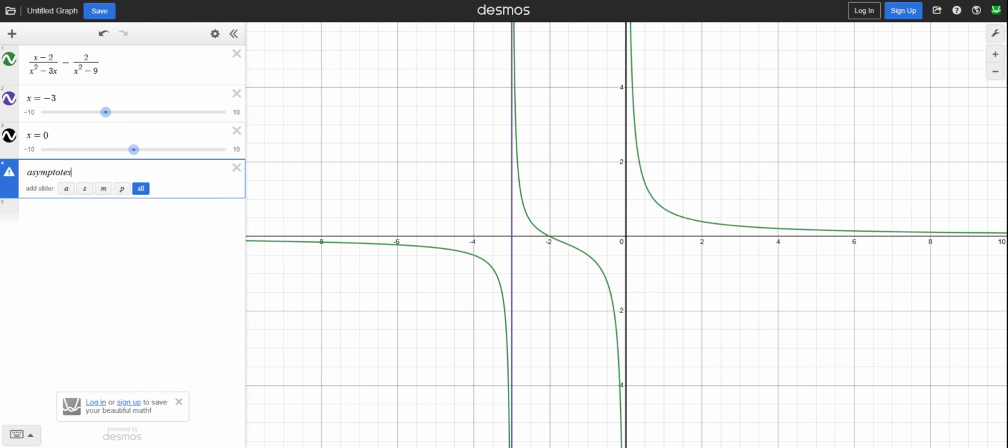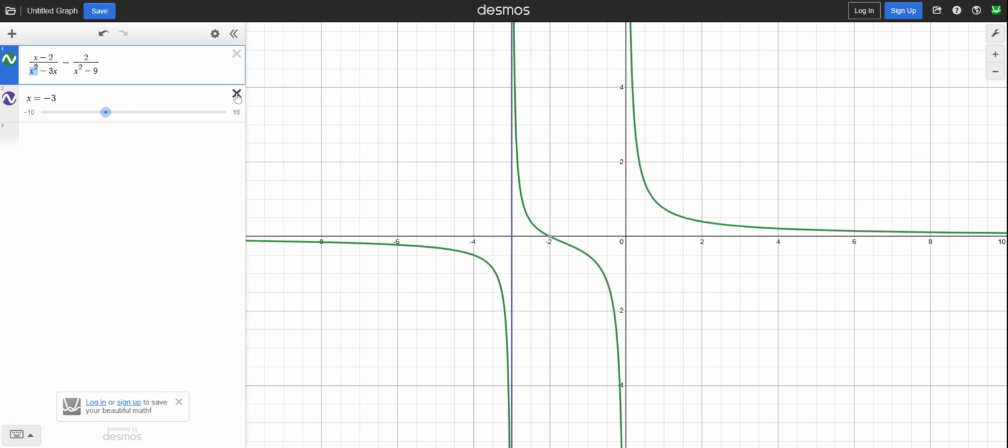Because if I put a 0 in here, or I put negative 3 in here, I'm going to get a 0 on the bottom. And what are we not allowed to divide by? 0. Because, I'm going to close those out real quick.